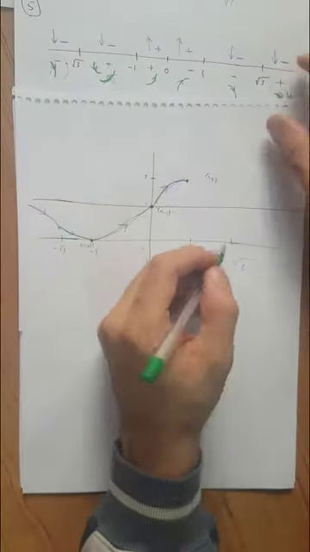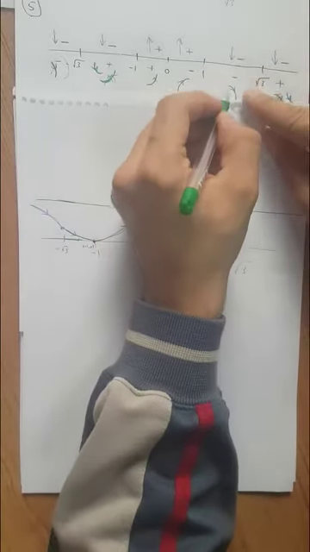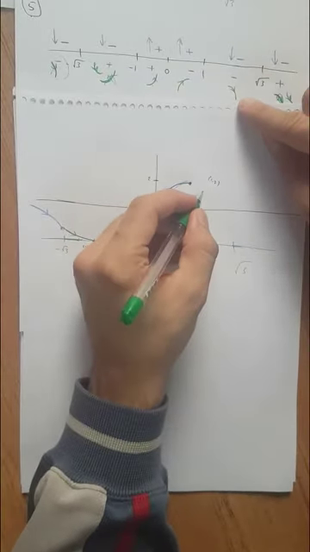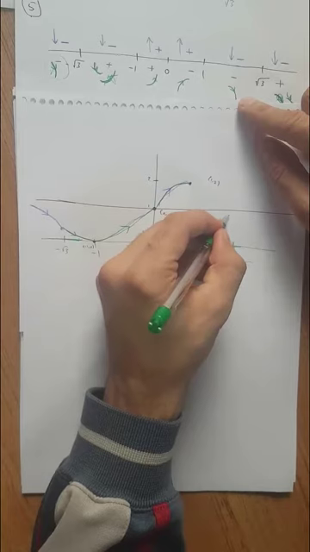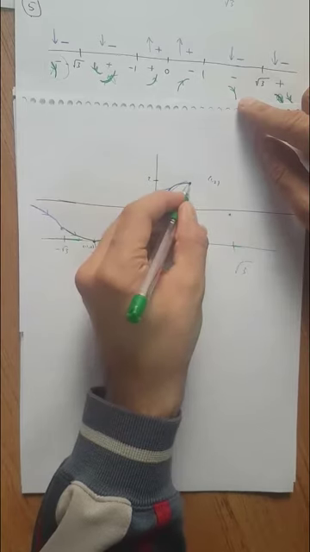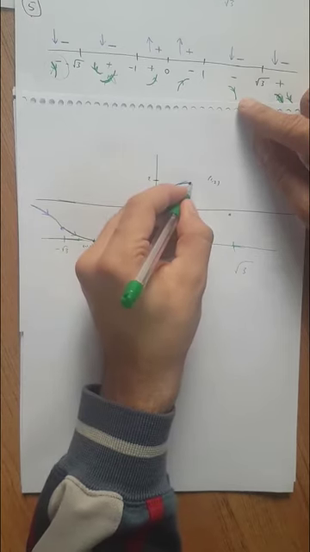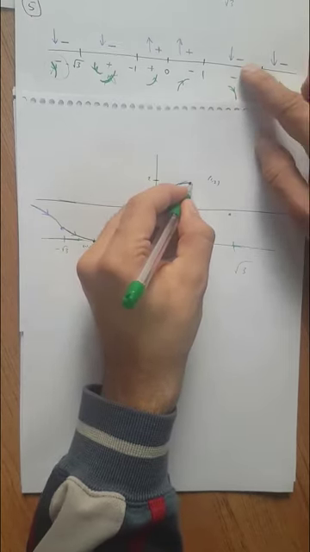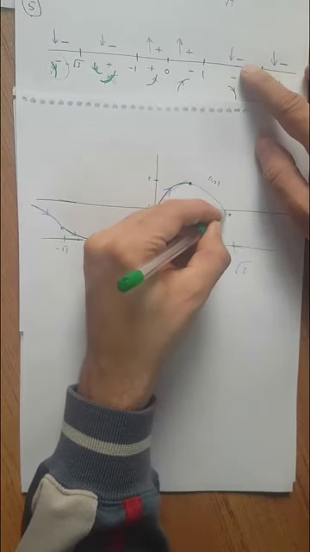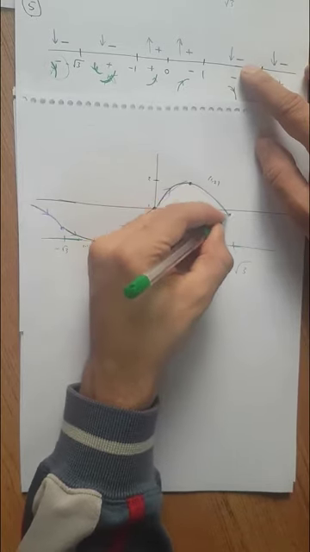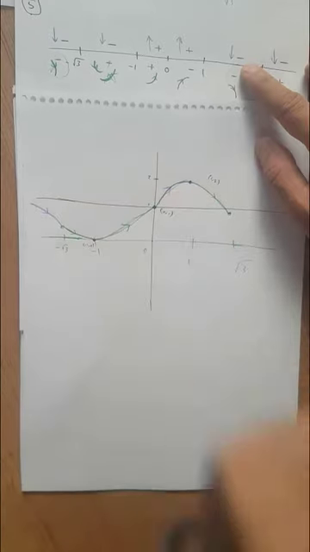Between -1 and 3 we have concave up, and we say that it's equal to 1.8 something here. So we have decrease and concave down.